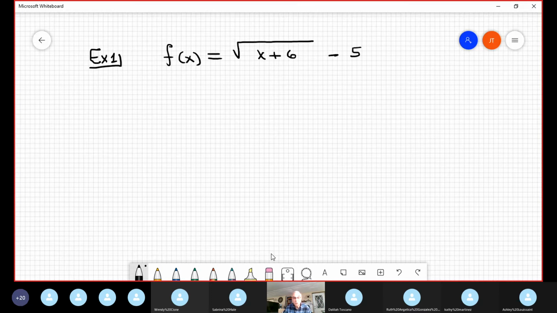The first thing you should do is identify what family that function belongs to. So what is the basic function associated with this example? Well, I suppose it's the function square root x. Yes or no? This is the basic function without transformation. This is easy, right? Yes or no?